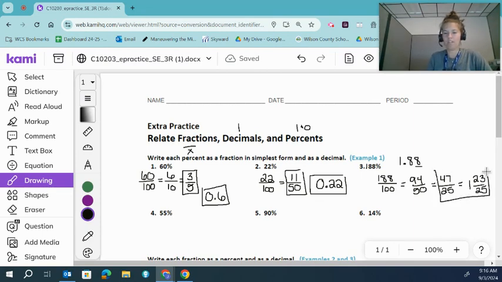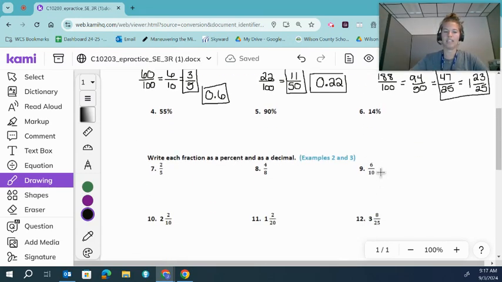Either one of those would be simplest form. So 1.88 would be the decimal for 188%, and 47/25 or 1 and 22/25 would be your fraction for 188%.